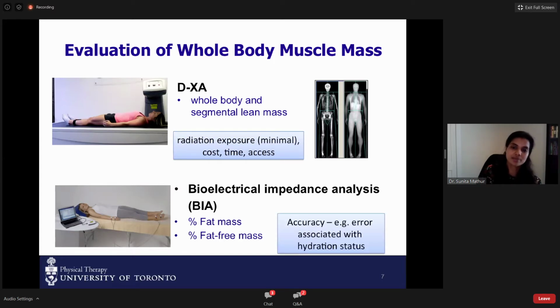Bioelectrical impedance analysis is much simpler to do, but it's often critiqued for accuracy. You may even have used a device like this at the gym, and there is error associated with your hydration status. If you drank too much water or not enough water, that can affect it, as can the amount of exercise you did before the measurement. So it has to use very standardized procedures for you to get an accurate measurement.